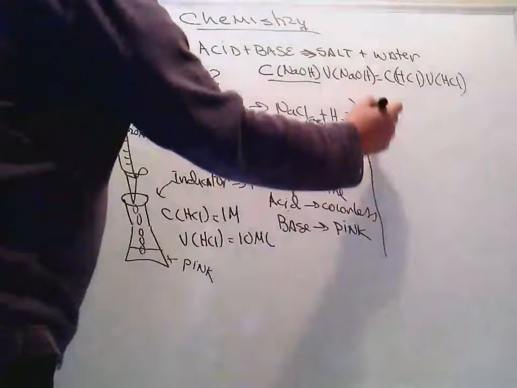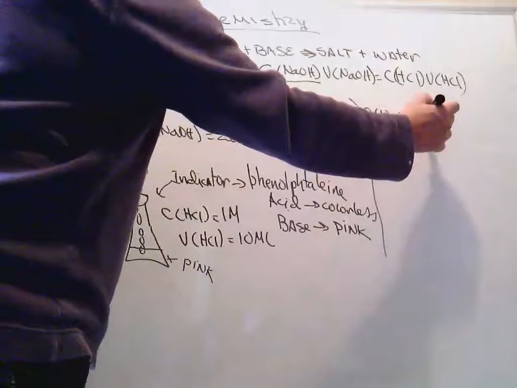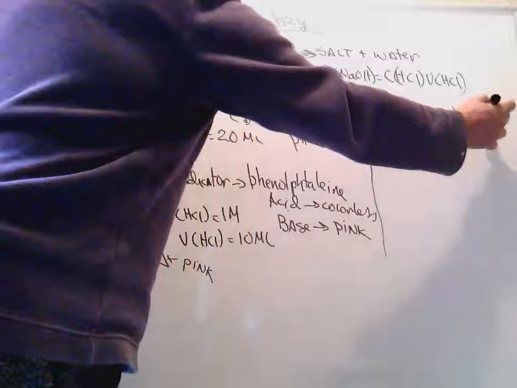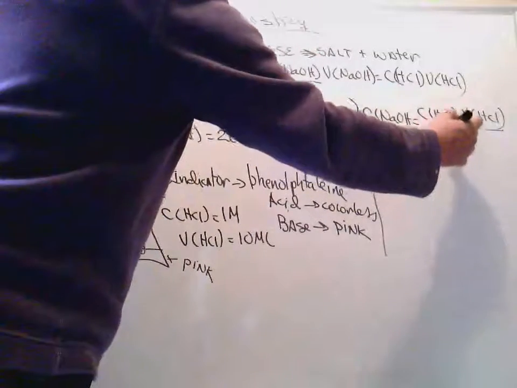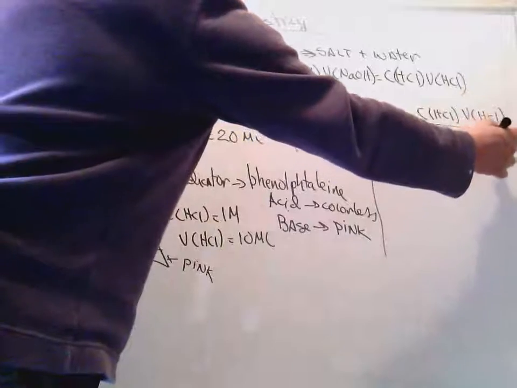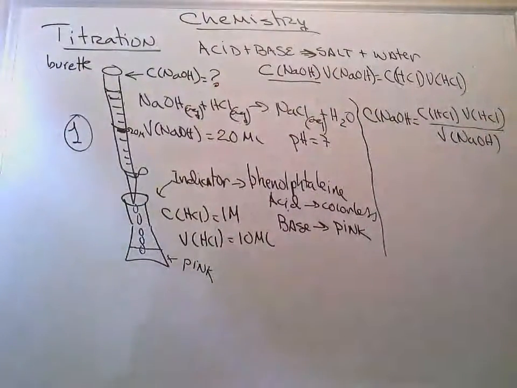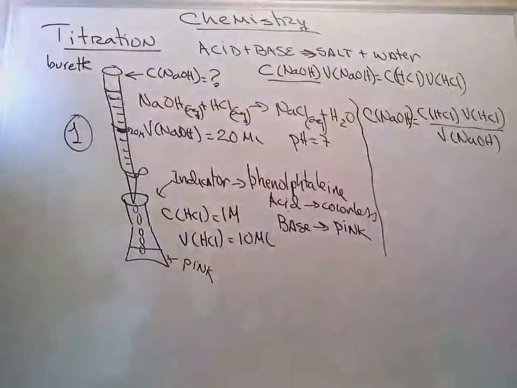Let me explain here. Concentration of sodium hydroxide will be equal to concentration of hydrochloric acid times volume of hydrochloric acid, over the volume of sodium hydroxide. That will be the formula that I will use for finding the unknown concentration of sodium hydroxide.